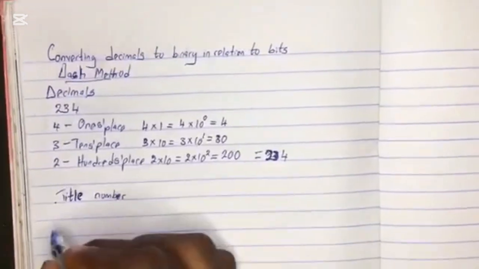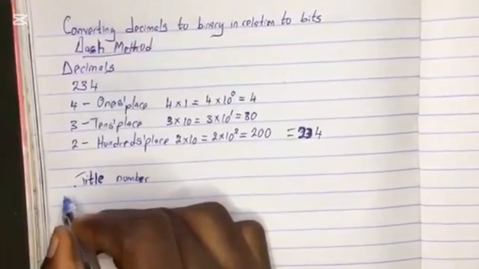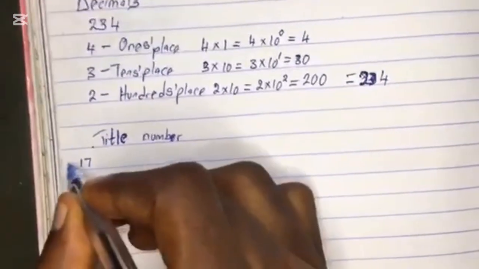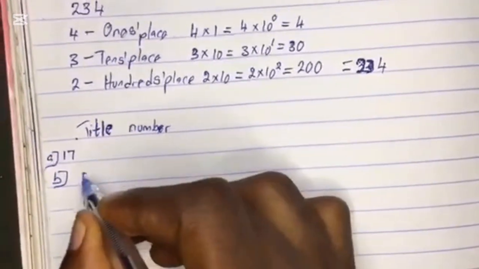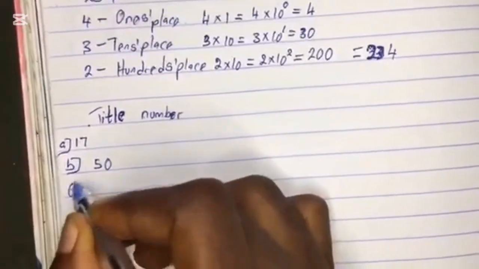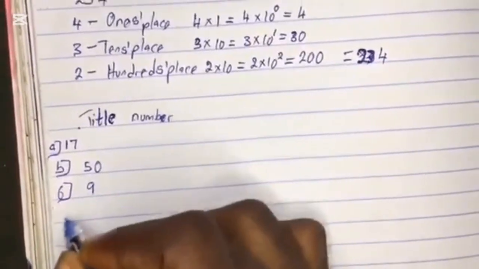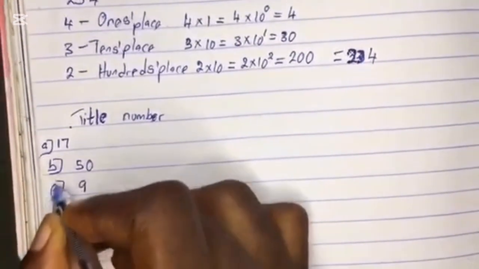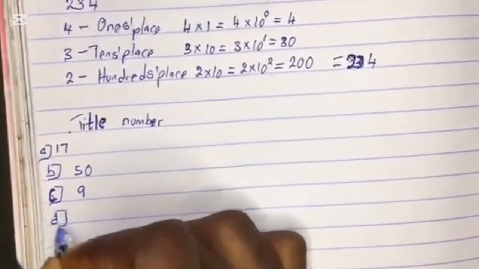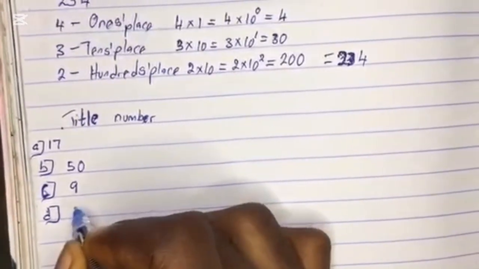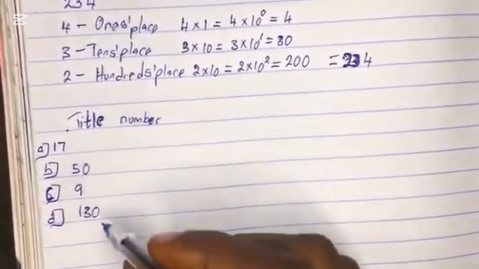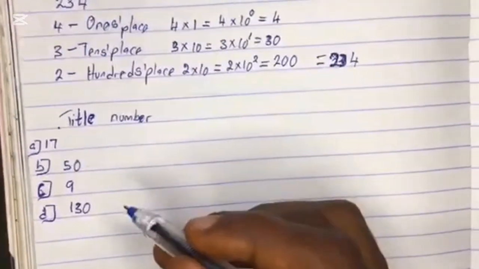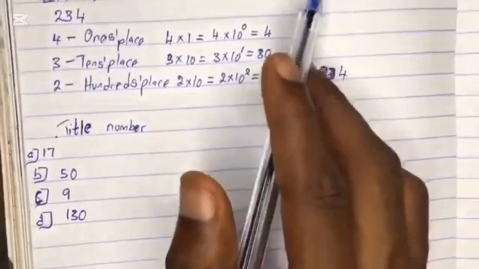Let's say we're given a series of title numbers. A is 17, B is 50, C is 9, and D is 130. We've been asked to convert all of these to binary, but we're going to do this in relation to bits.